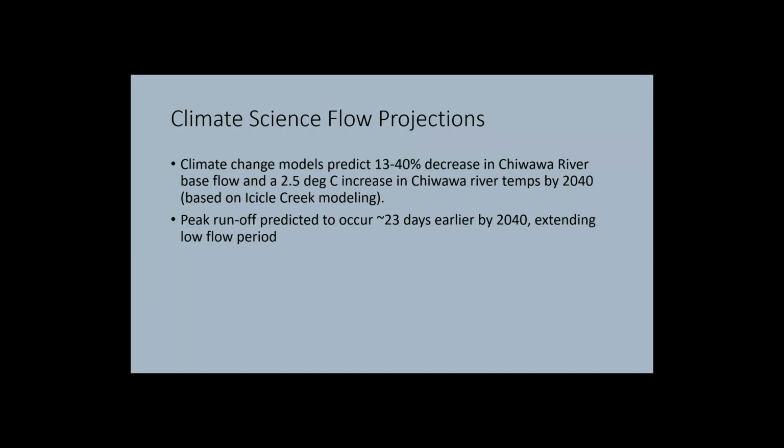We worked through some of this with Guillaume at the UW Climate Impacts Group. The other thing that we're seeing is that the peak runoff is expected to occur over 3 weeks earlier. And these predictions are within our lifetime, right?